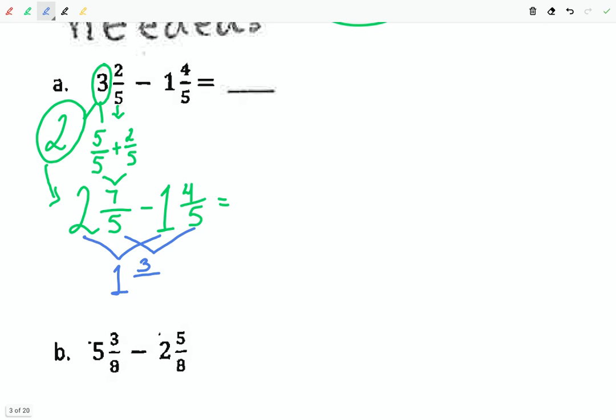And I am working with fifths. And so my answer to the subtraction is 1 and 3/5. That is the answer, or that is the difference. So I am going to write the difference here to complete the subtraction equation. So it is 1 and 3/5.